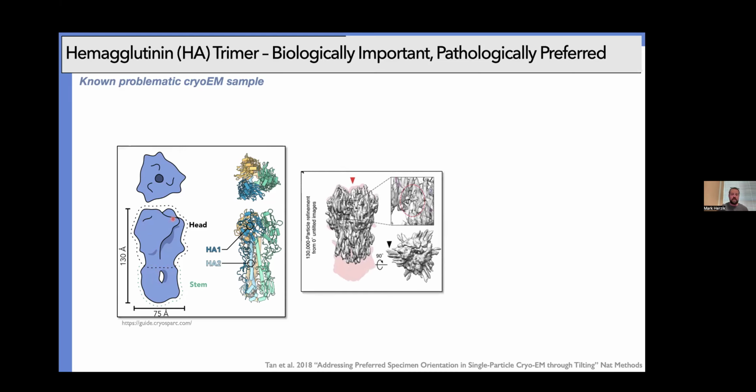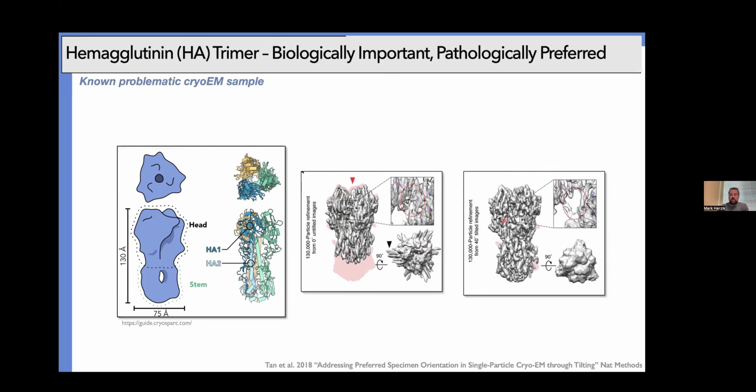And so what you see is because you're dominated by these top-down views, you lose the Z thickness of the specimen. You get the streaking of your molecule. You get overfitting as a result of biased views. And then when you reconstruct the entire object, this is what it looks like, right?